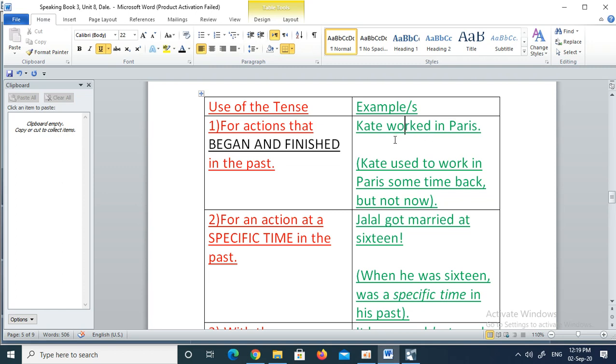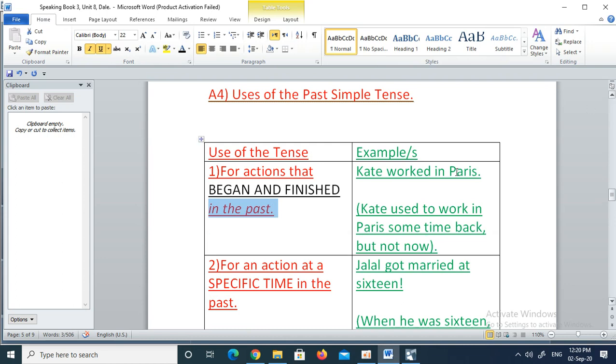Kate used to work in Paris some time back, but not now. So she started working in Paris in the past, and she finished working in Paris in the past. So you use the past simple tense for an action that began in the past and also finished in the past.